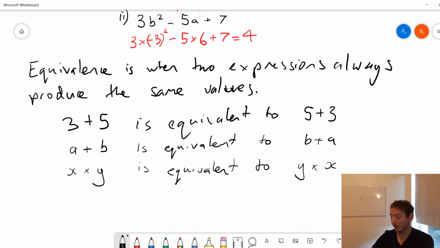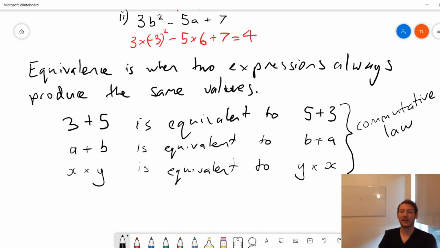And we've actually got a name for when that happens with multiplication and addition, that it can be done in any order. We call that commutative, as in you can commute them around. Commutative law. Now that's pretty complex and something you don't need to worry about too much.